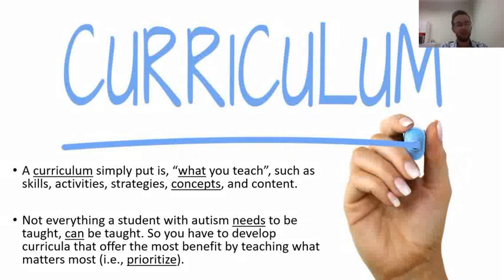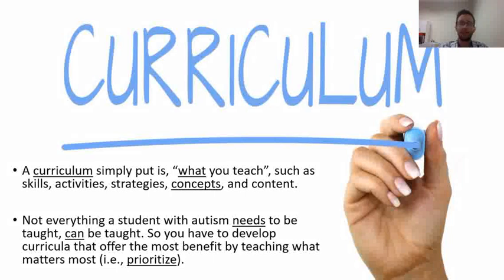You're going to have students at the other end of the spectrum who respond almost as well to typical teaching practices as typically developing children. So there's a whole continuum there. What's important to think about is that you have to develop curricula that offer the most benefit by teaching what matters most.